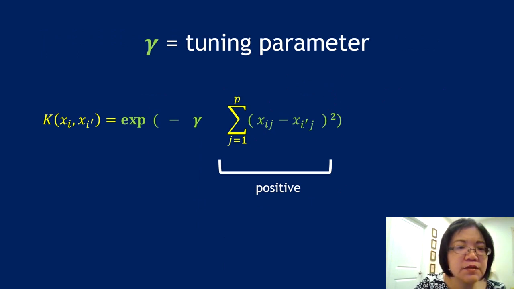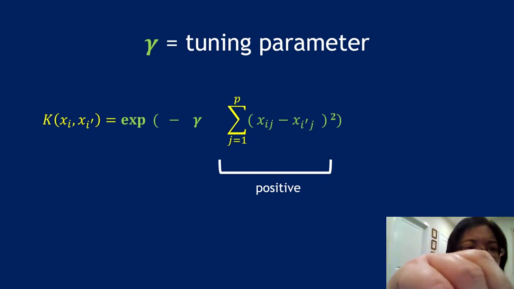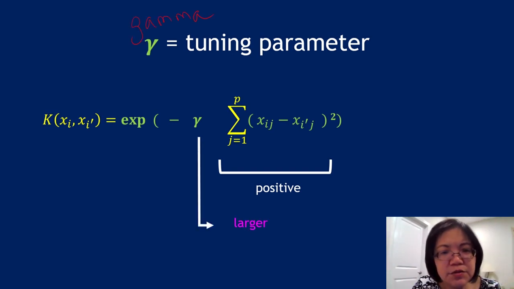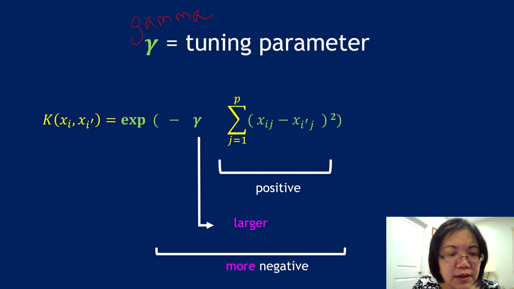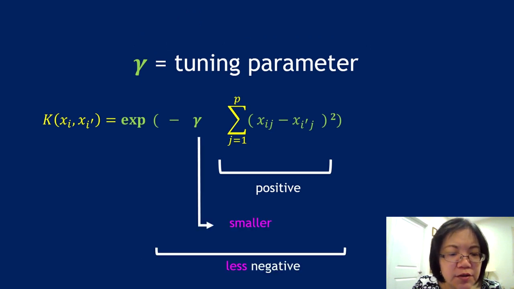Gamma. This Greek letter is pronounced as gamma. Gamma is a tuning parameter, so you can turn it up or turn it down. When gamma is larger, you get a more negative term. With the exponent, you will get a smaller kernel. When gamma is smaller, then you get a less negative term.